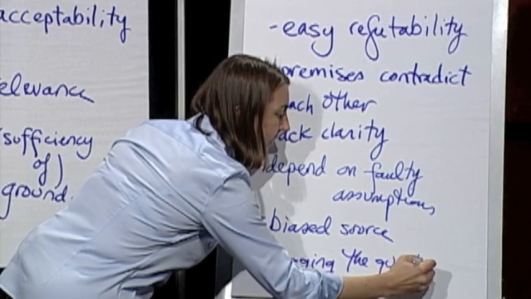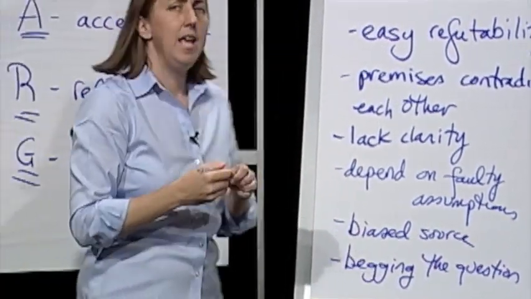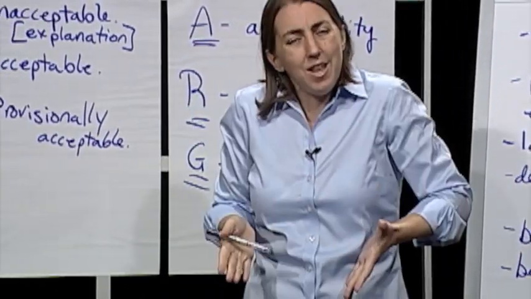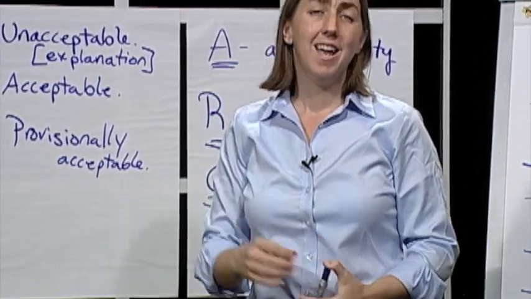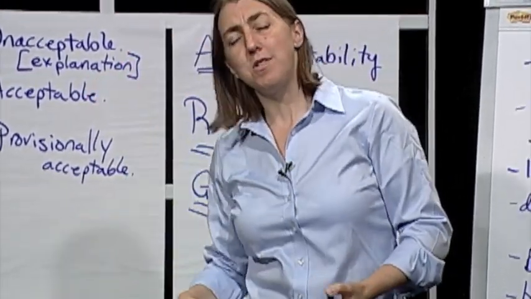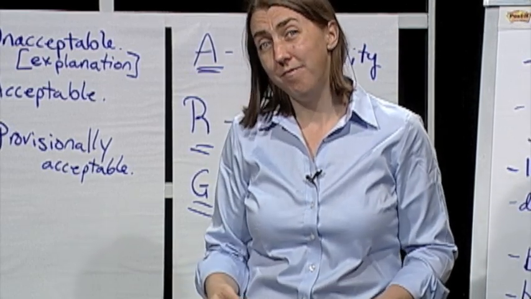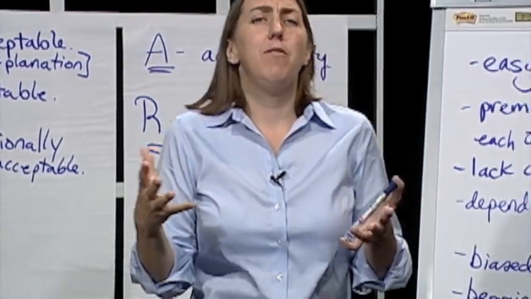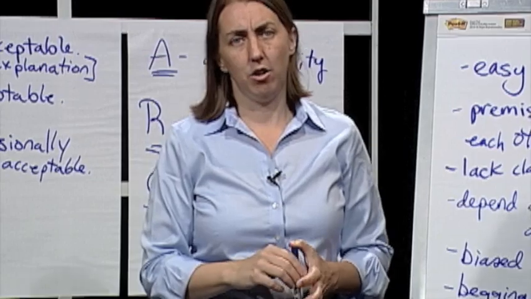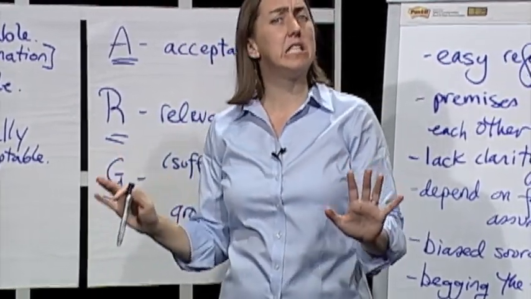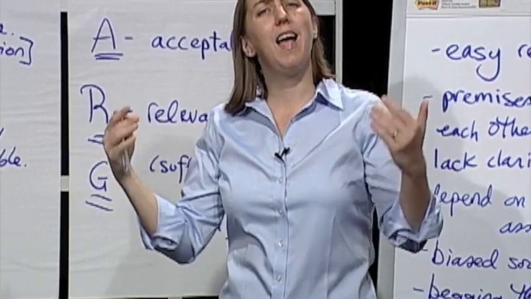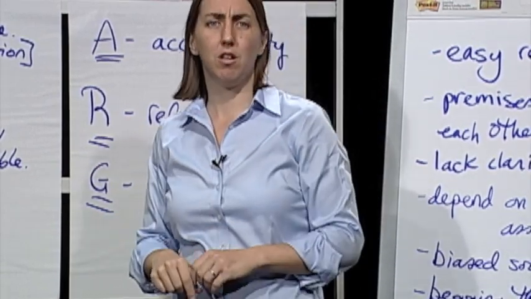This is a fallacy whereby the premise, rather than leading you to the conclusion, rather than giving you a reason to accept the conclusion, actually already assumes that the conclusion is true. That the premise couldn't even be articulated unless the conclusion is true. This is not the same as the premise and the conclusion being in some ways consistent. It's that the premise actually already assumes the conclusion.